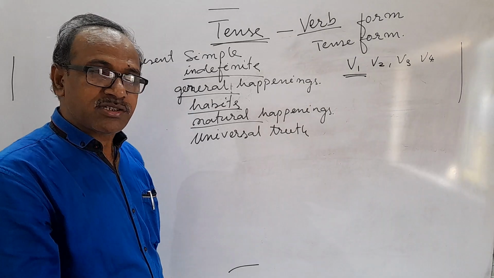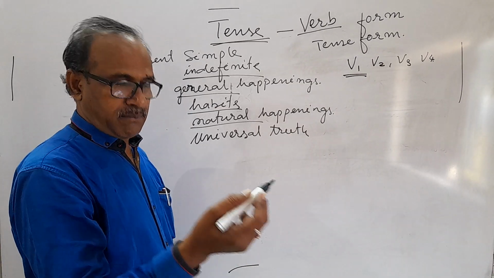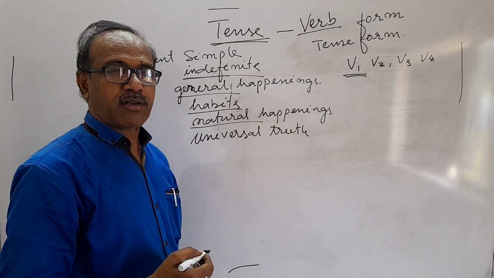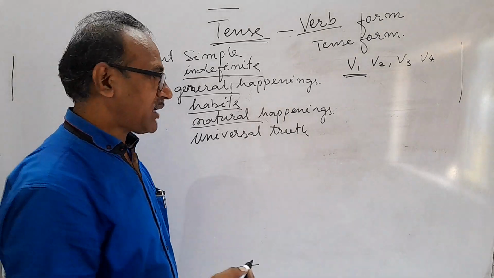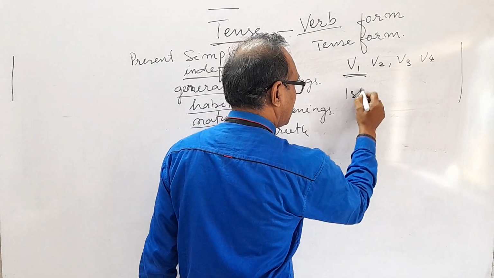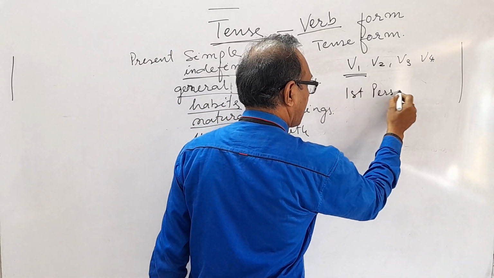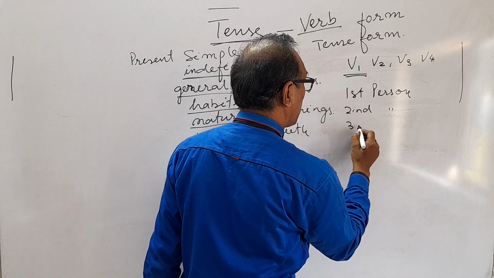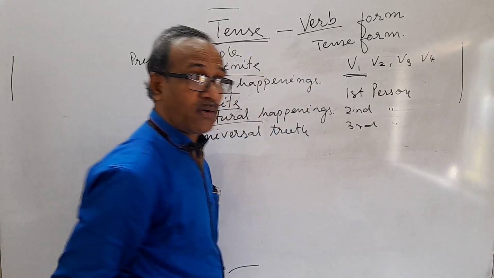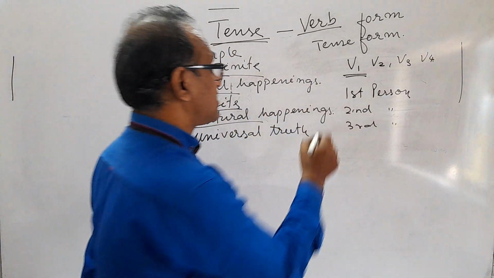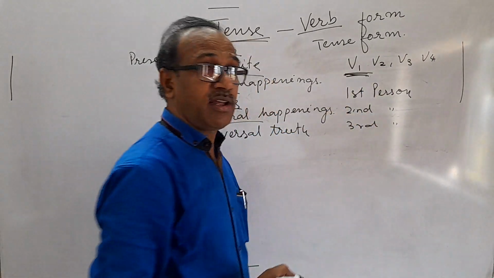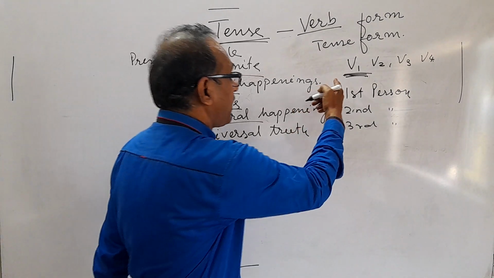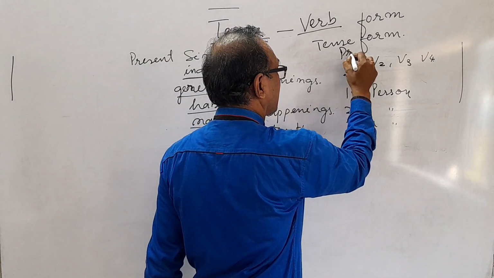In any case means whether it is about the subject, the subject may be first person or second person or third person. Okay, in any case, this verb 1 is only used because this verb 1 is called present.